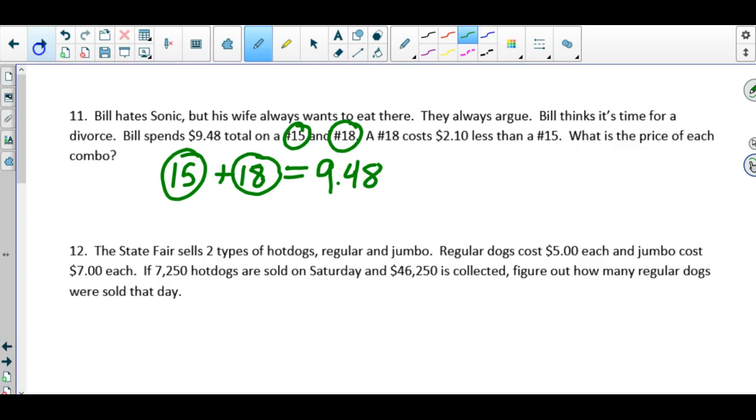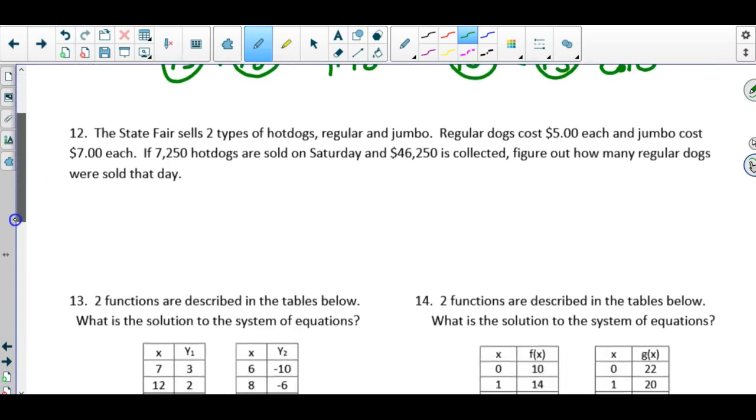It's the combo value 15. The number 18 costs how much? $2.10 less than the number 15. So the number 15 minus $2.10. Same thing here. The problem wants you to solve it. I'm going to let you just write that and be done with it.